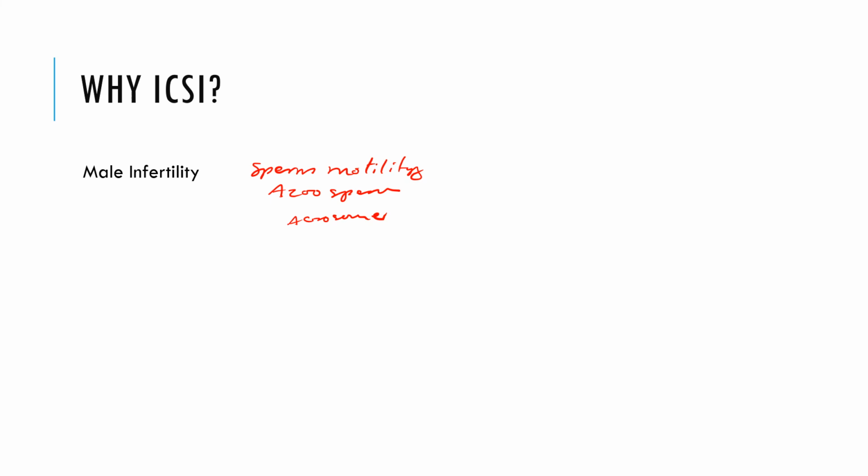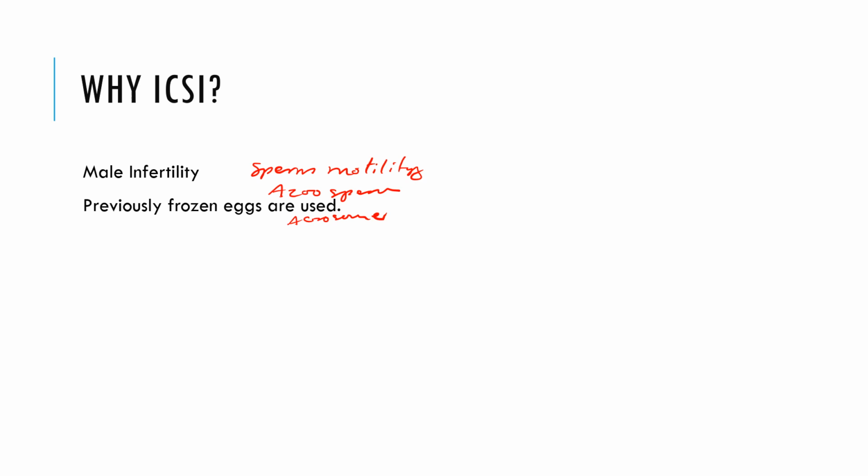To solve those problems, we require the ICSI technique, or it can also be used for previously frozen eggs. Suppose the eggs are frozen earlier, and now we are going to do artificial insemination. Sometimes the sperms are frozen. This happens in animal husbandry. If we have a good progeny of a particular cattle, the sperms of that cattle are collected and kept frozen for a very long time, and for years together, new generations of that same cattle can be obtained.